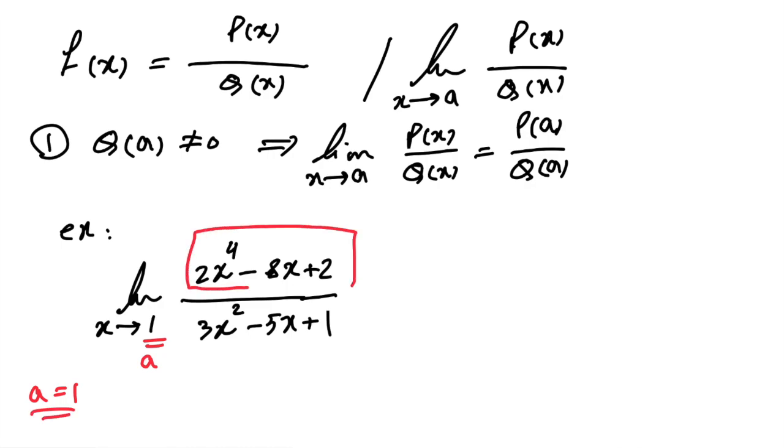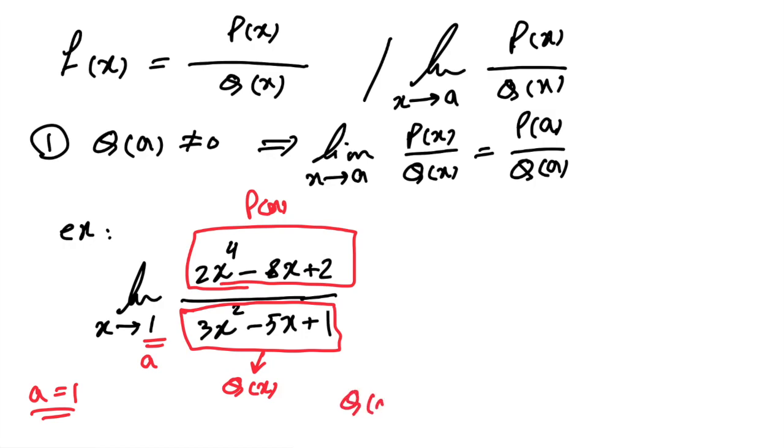P(x) is the function in numerator, and q(x) is the function in denominator. So first thing first, we check q(a). So it is actually q of 1. We just plug in. So it's 3 times 1 to the power of 2 minus 5 times 1 plus 1, and the answer is negative 1. So it is non-zero. q(a) is non-zero. So that's the first situation.